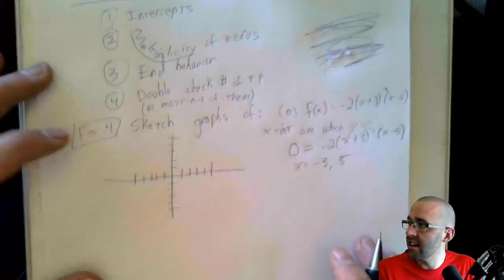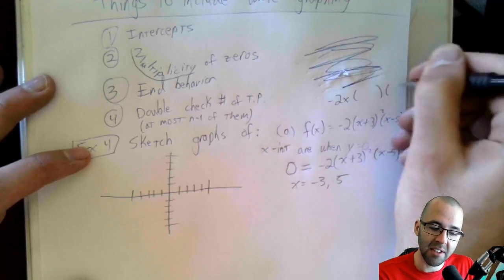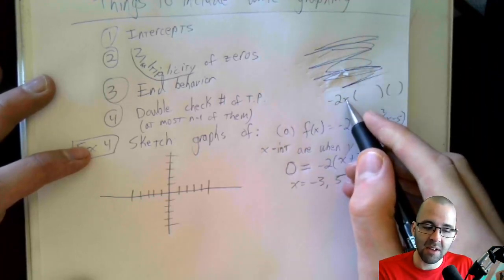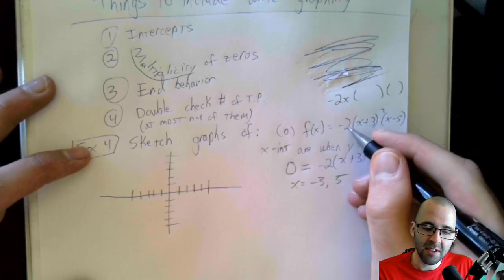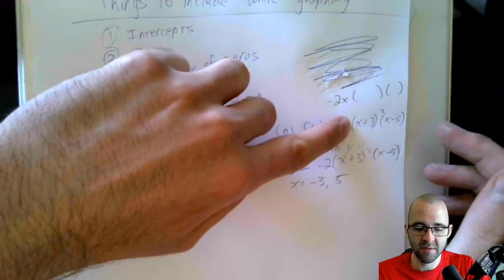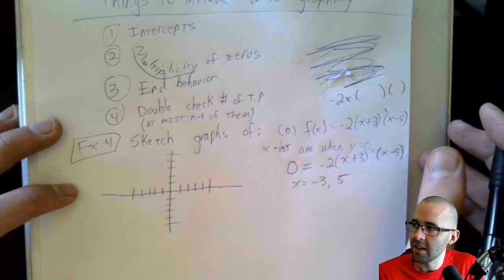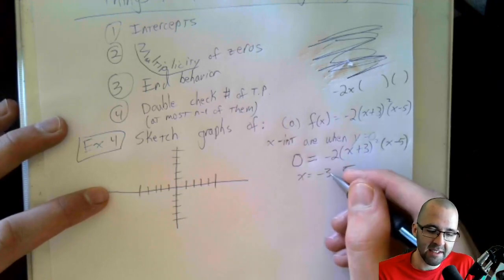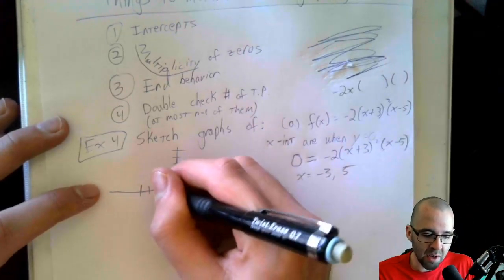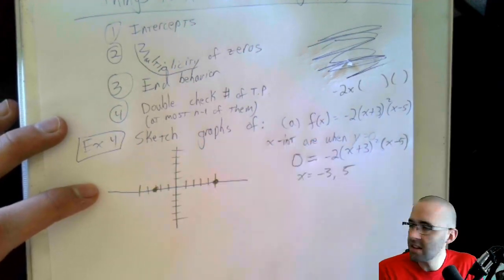If it were instead -2x times all this stuff, then there would be a 0 when x is 0. But because there's just the 2, it's essentially forgettable. Okay. Good. So we plot these x-intercepts. x is equal to -3 is where it crosses the x-axis, and x is equal to +5.